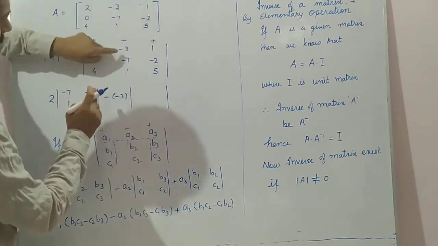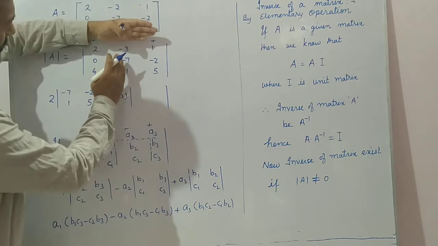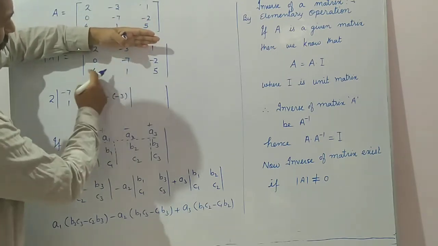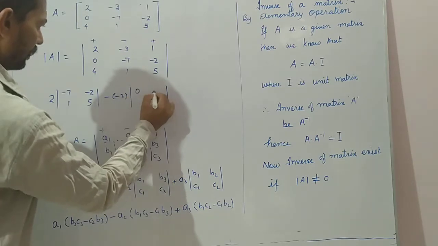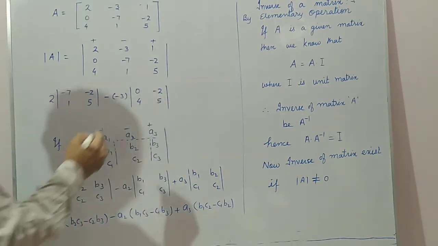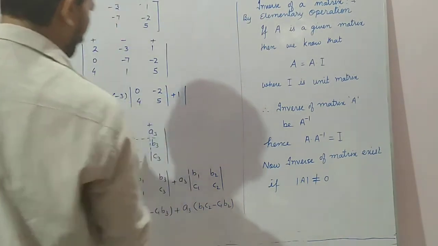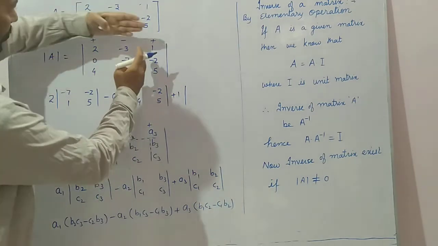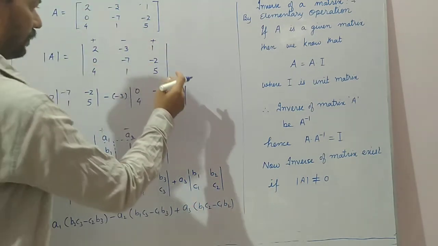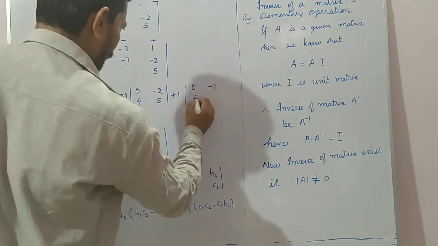Then plus 1 into, again eliminating the row and column associated with 1. So you have 0, minus 7, 4, 1.